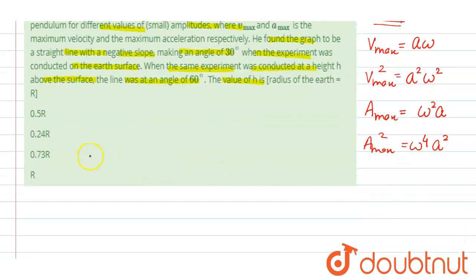Now the graph is plotted between V max square and A max square. So the slope will be given by dividing V max square with A max square. So it comes out to be 1 upon omega square.